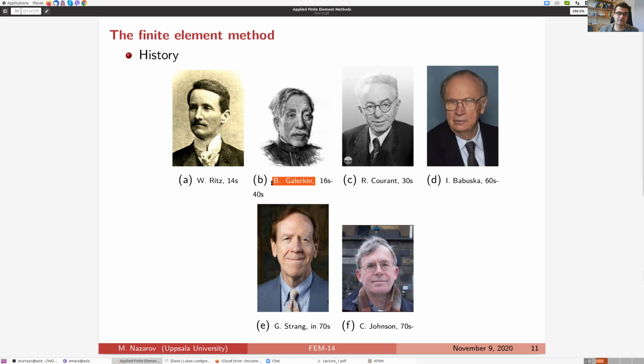And what he did, he took the paper, and on one side, he just put a remark. He said that the Ritz method can be written in this form. It was a very short remark. Actually, that short remark became a really big subject.